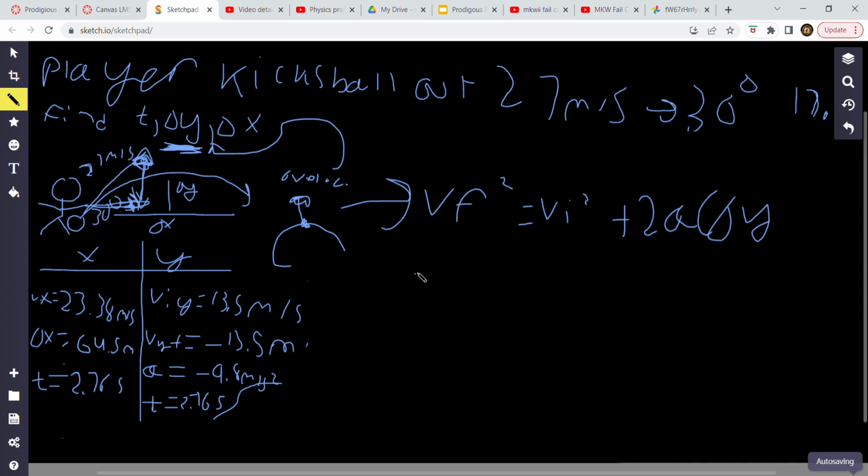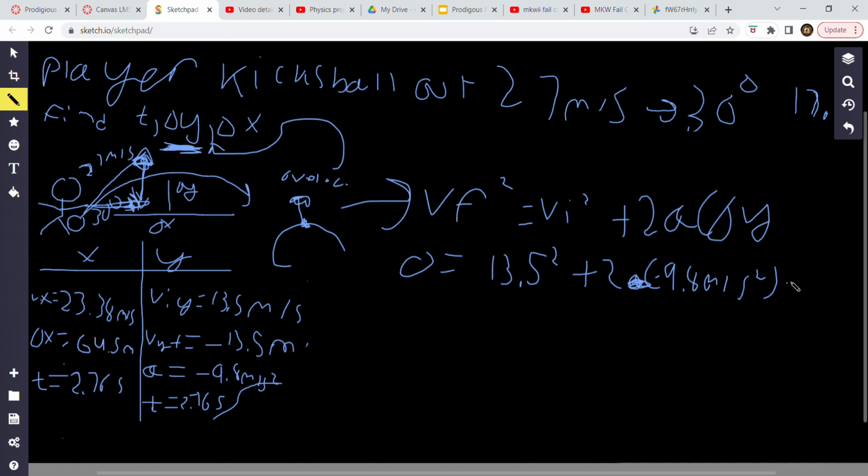So we're going to put in 0 is equal to 13.5 squared, vi squared, plus 2 times negative 9.8 m/s squared, and then delta y.